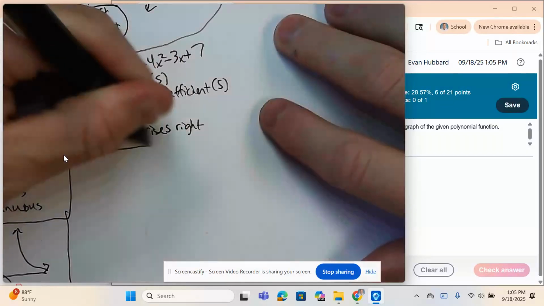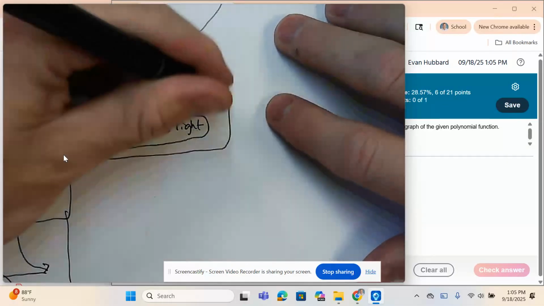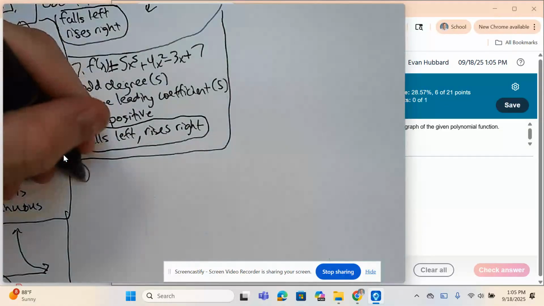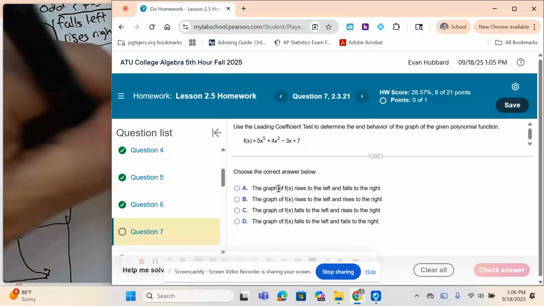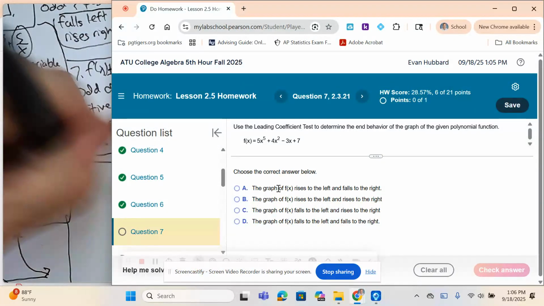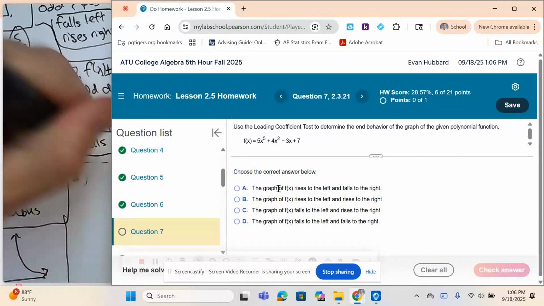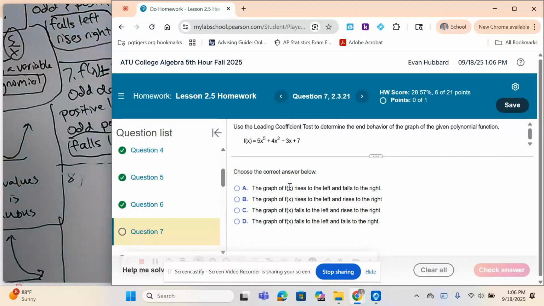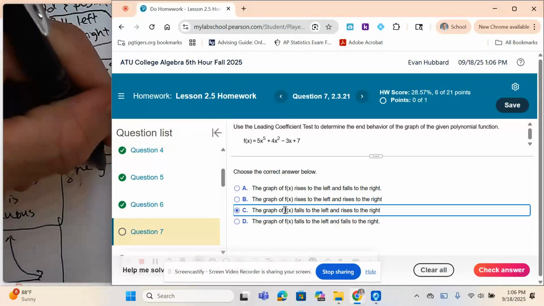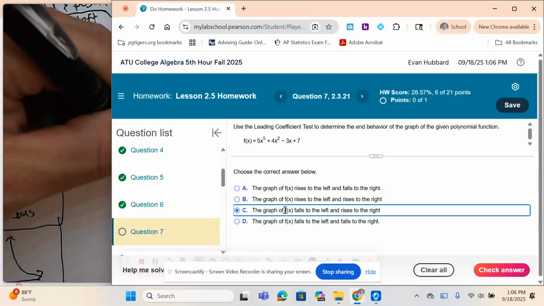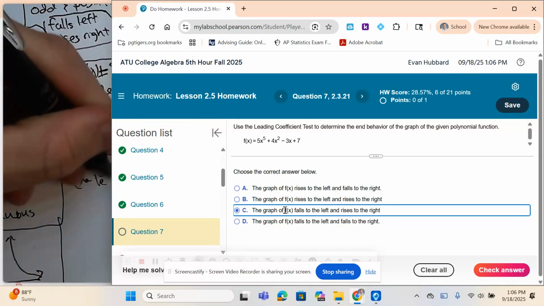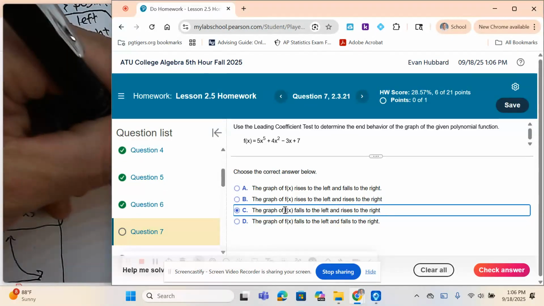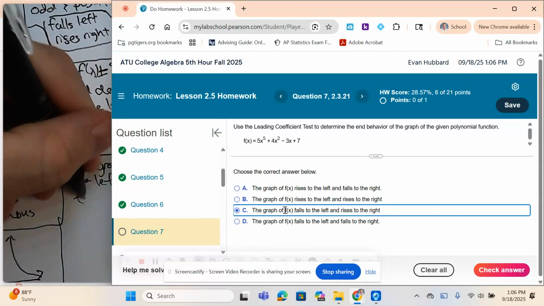We kind of talked about there's 4 categories it falls into: odd positive, odd negative. I'm going to write out the sentence: The graph of f of x falls to the left and rises to the right.